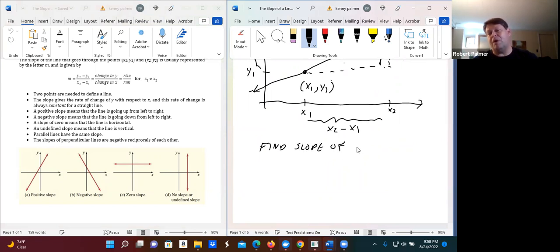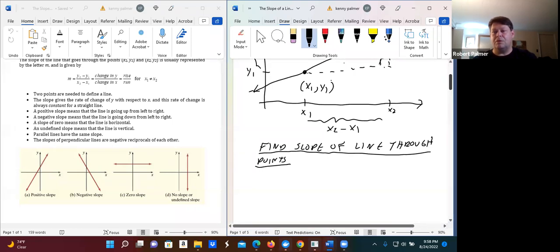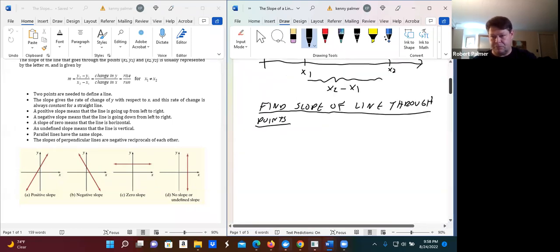Find the slope of the line that goes through the points. Let's look at our first example.